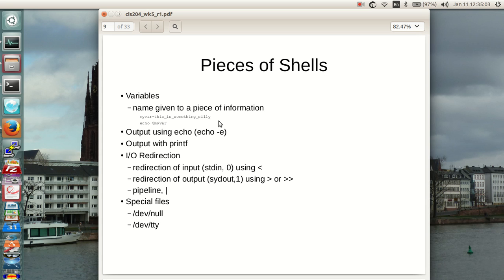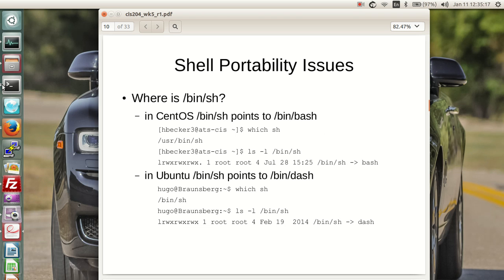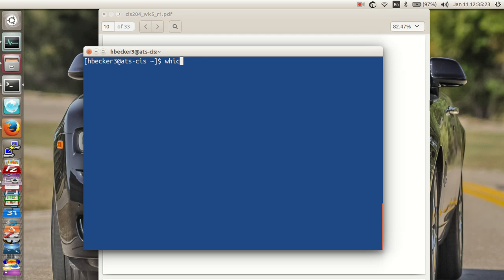So, shell portability issues. Where is bin sh? Well, let's go take a look. In CentOS, /bin/sh points to bash. Interesting. Let's take a look at that. Which sh? /usr/bin/sh. ls -l /usr/bin/sh points to bash.